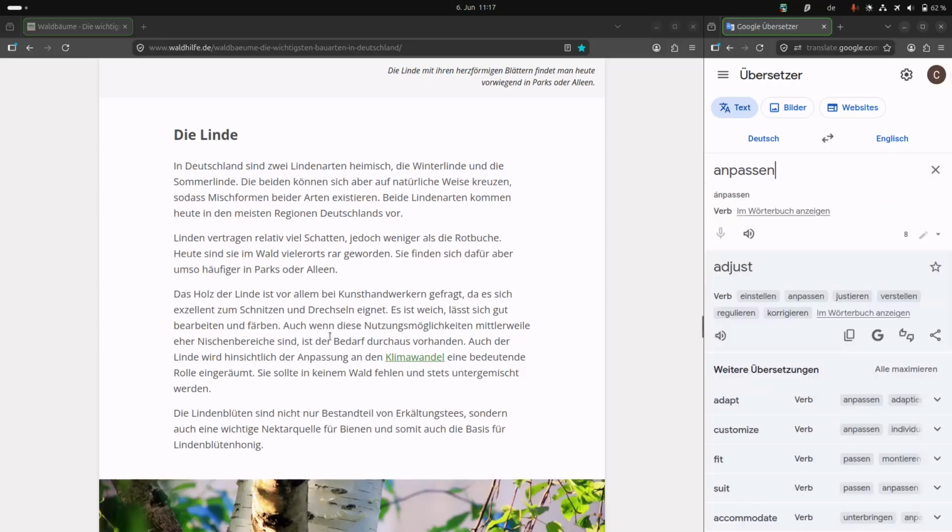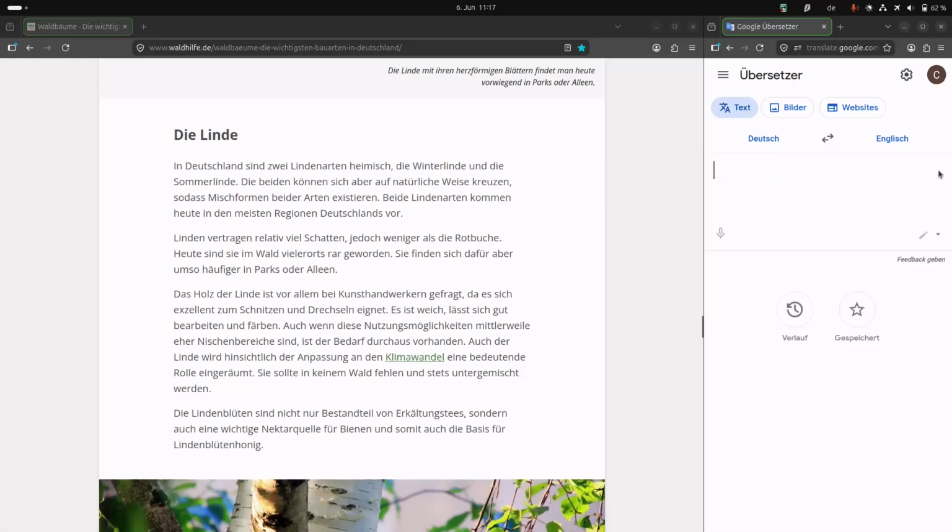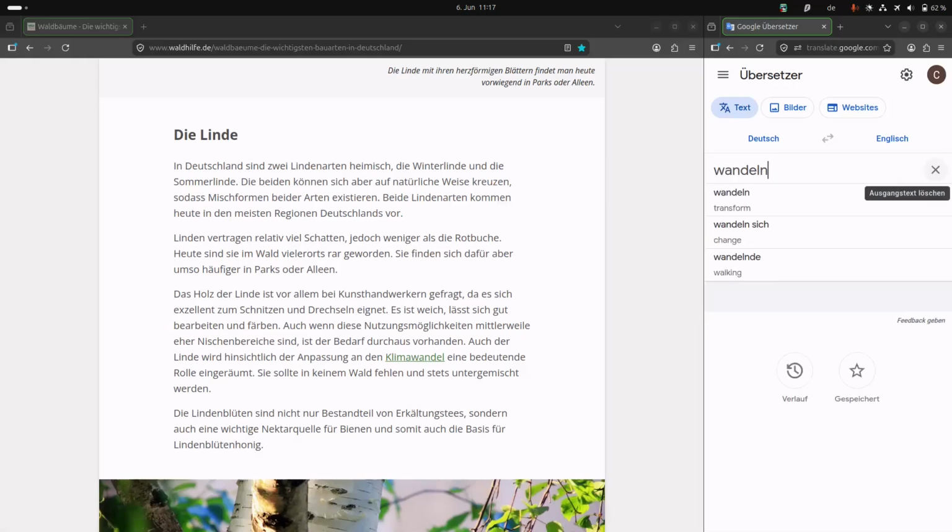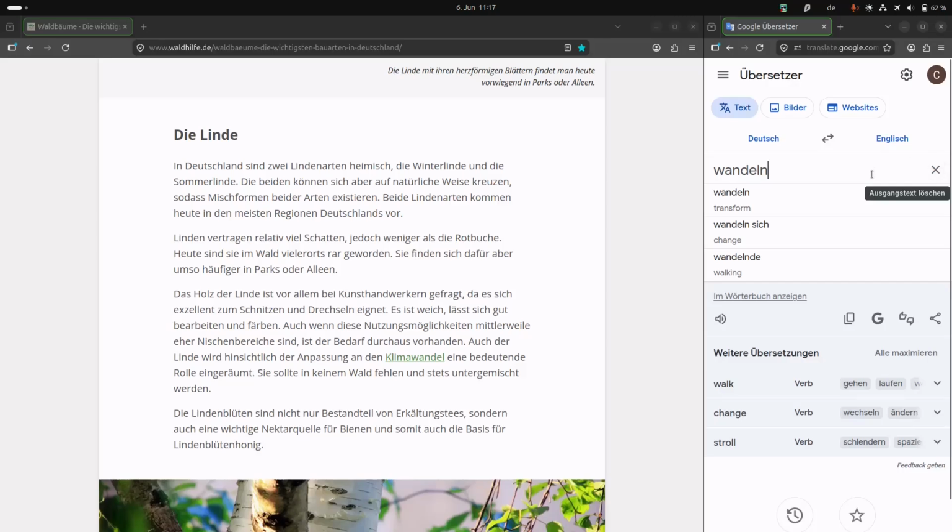Hinsichtlich der Anpassung, the adjustment an den Klimawandel, to the climate, Wandel, derives from the word wandeln, or the other way around, but transform or to walk around.